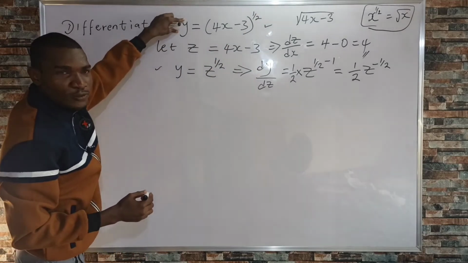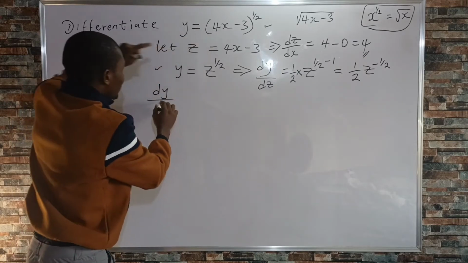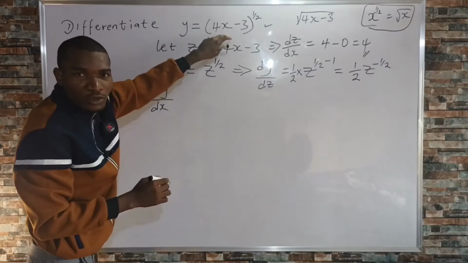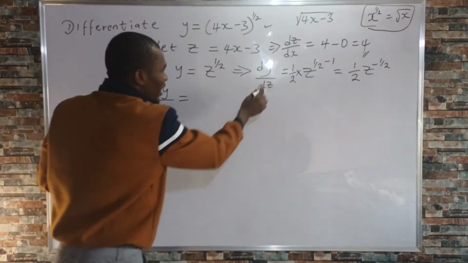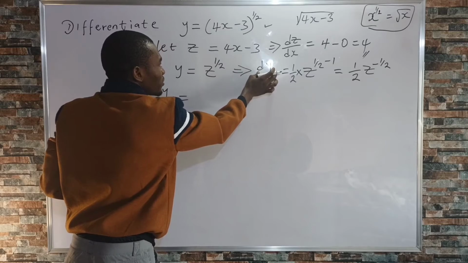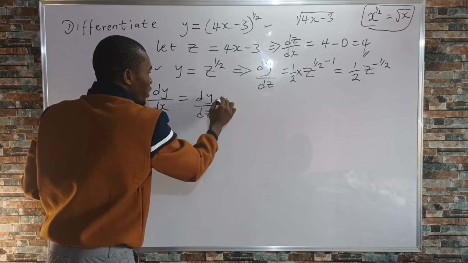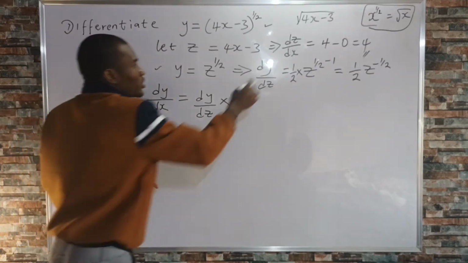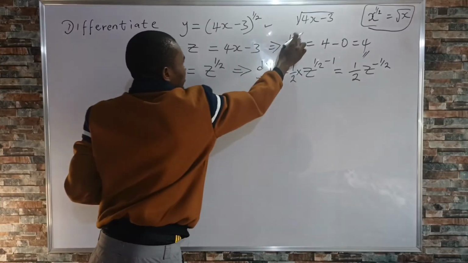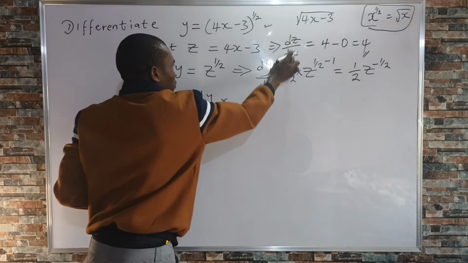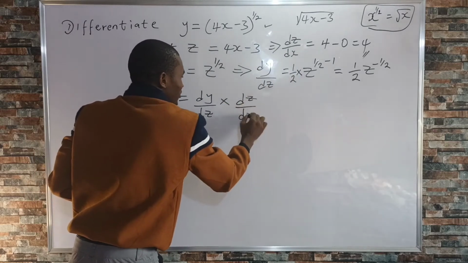So to differentiate this function, we say dy/dx, that is differentiating y with respect to x, and it is equal to multiplying the derivative of this function here, which is dy/dz, with the derivative of the other function here, that is dz/dx.